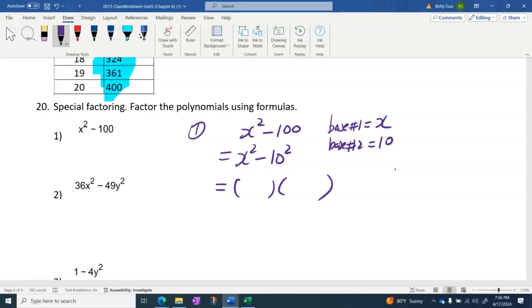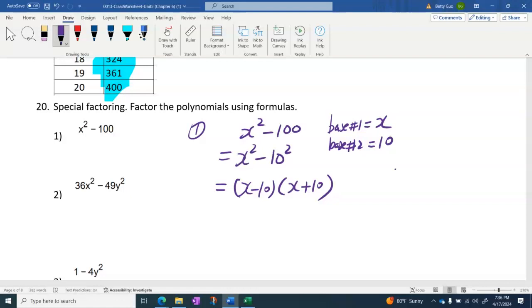In the first parentheses, we have the difference of the two bases, so x minus 10. And in the second parentheses, we have the addition of the two bases, x plus 10. I don't think it's very difficult to memorize because in one parenthesis, you just take the difference of the two bases. In the other parenthesis, you just put in the sum of the two bases, and then you are done.